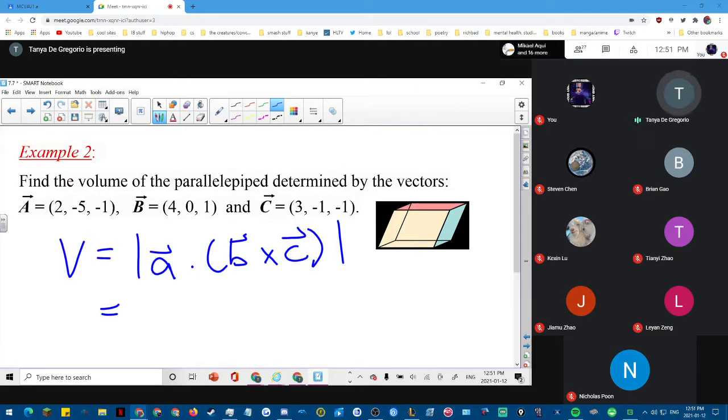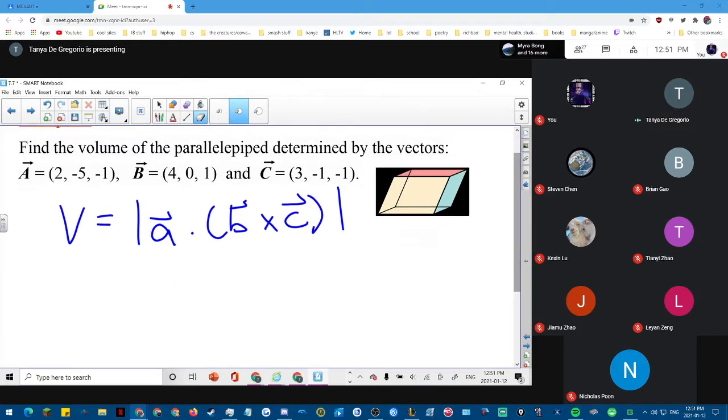And it doesn't matter which way I do this. Remember the 3 forms of this formula? Does it matter what I use as my base? No, it doesn't matter. Very good. Okay, so I need to have the cross product of B and C. So let's do that first.